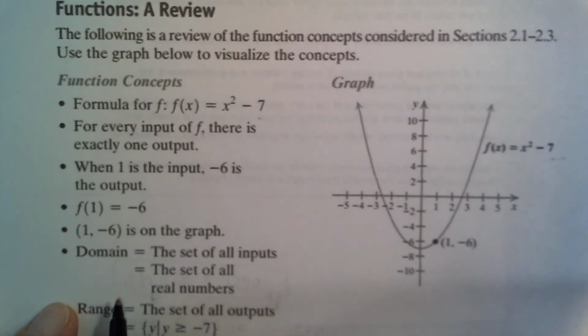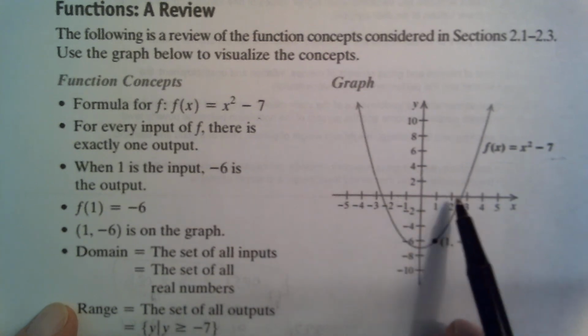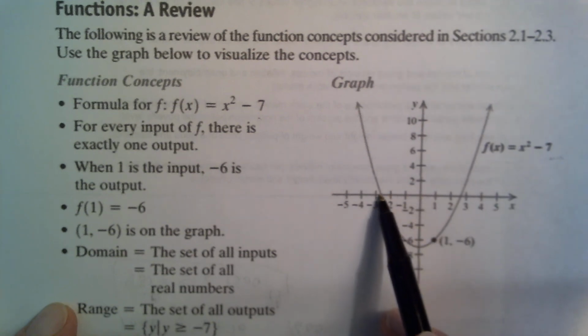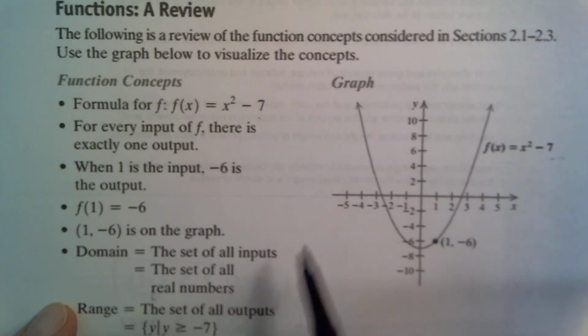And again, the ordered pair 1, minus 6 is on the graph. And the domain is the set of all inputs, and that's the set of all real numbers. It can range from 0 to positive infinity, and from 0 to minus infinity on the left. So that's the set of all real numbers, that's the domain.